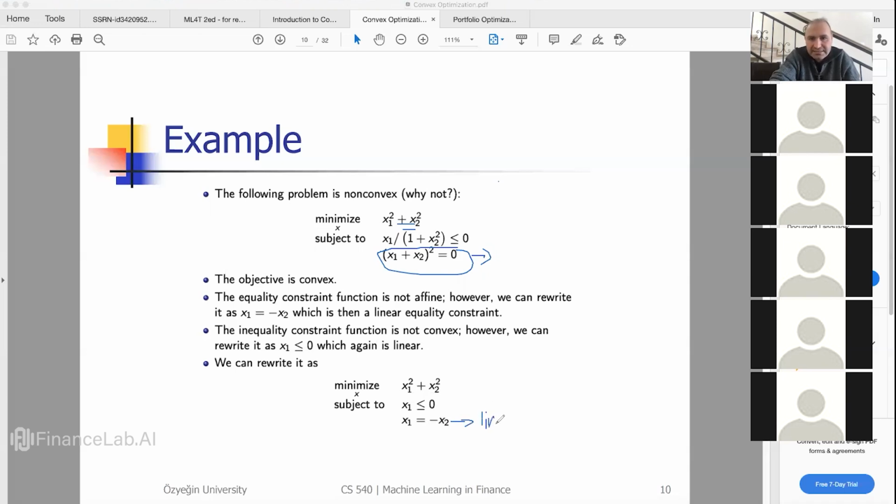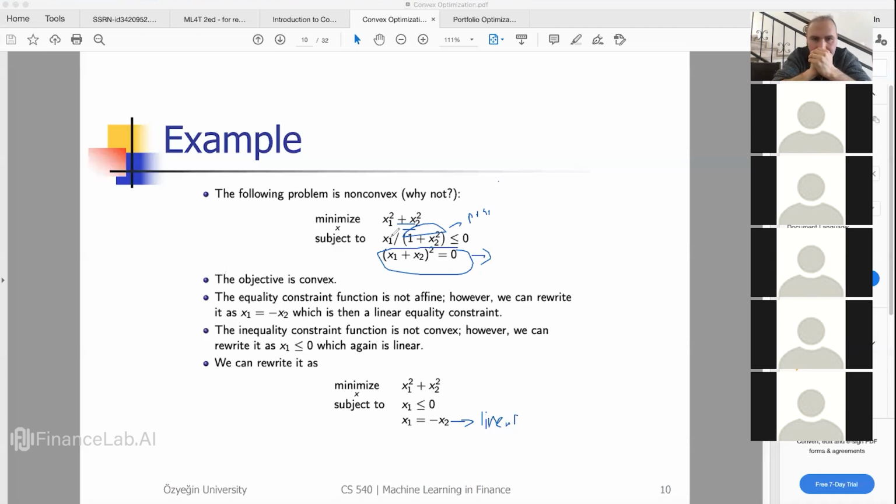And again, we can replace this non-convex constraint, x1 divided by 1 plus x2 squared smaller than 0, by x1 smaller than 0, because the denominator will always be positive and won't affect the sign, and it turns into x1 is smaller or equal than 0.